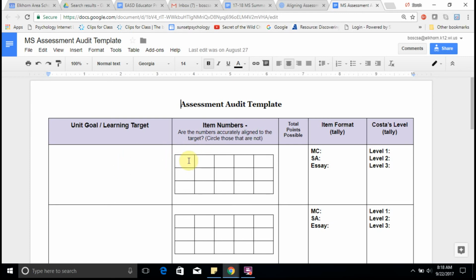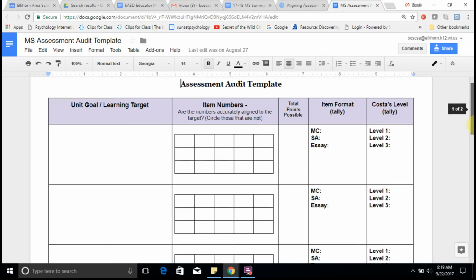Like question 1 goes with this learning target right here. Question 3 might go with this learning target right here. Then you want to make sure that the questions are accurately aligned to the target, and circle ones that you think might not really be getting at the target, but you intended them to. Then you do a total points possible.